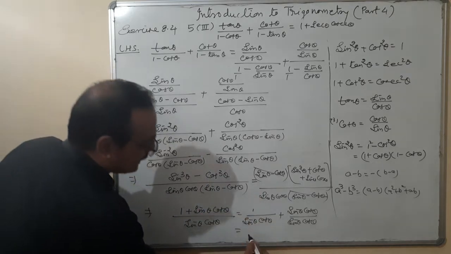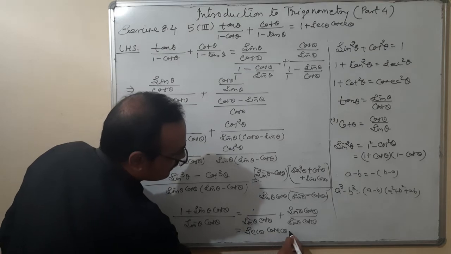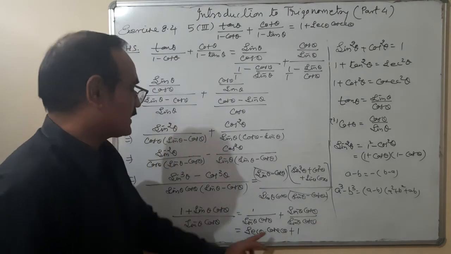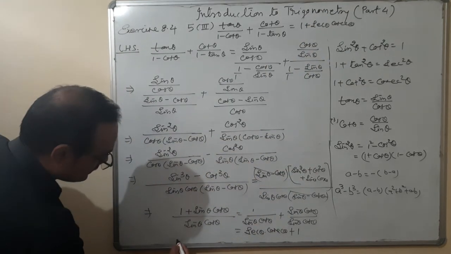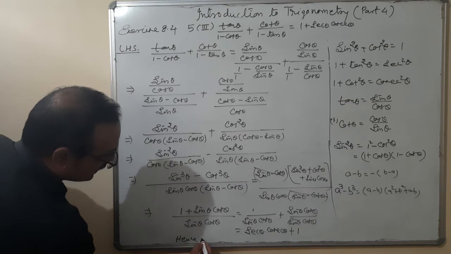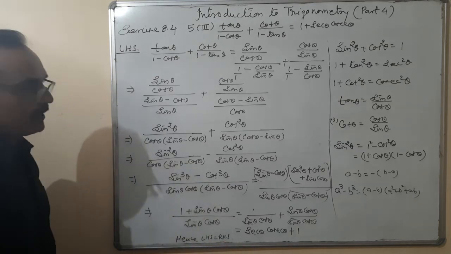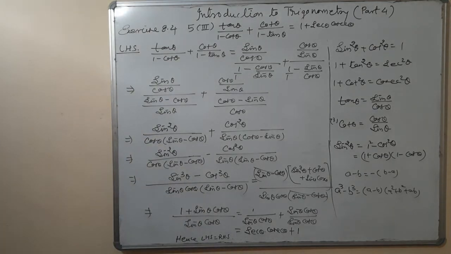So I may write here sec theta into cosec theta plus this term cancels, it is 1. So what is coming? 1 plus sec theta into cosec theta. Hence, don't forget to write LHS is equal to RHS. Okay. So this is the proof of the third part of question number 5.